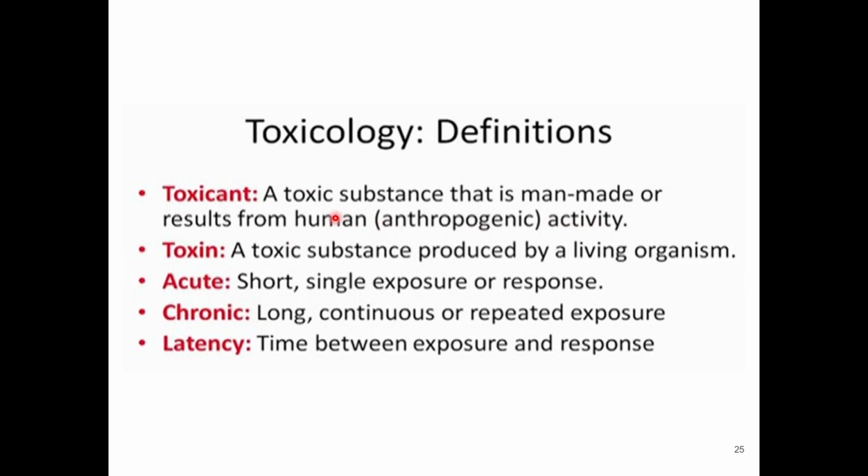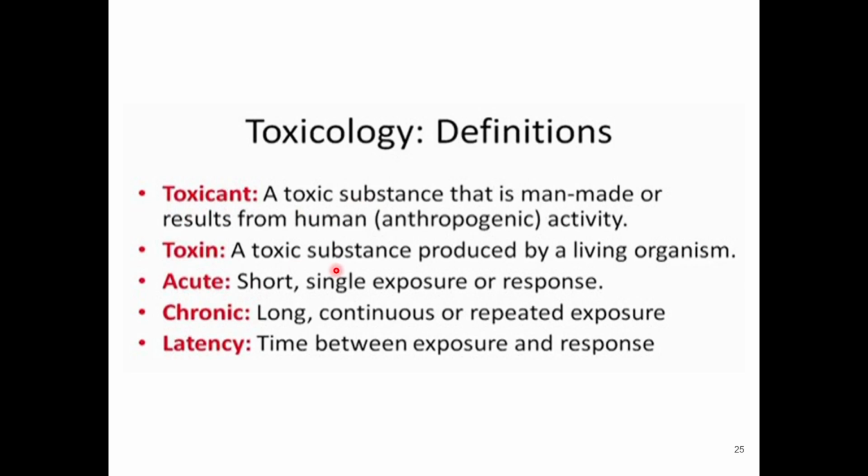So if a toxic substance is produced from human-related activities, that is a toxicant. For example, DDT, which is sprayed as an insecticide or pesticide in the field, or say, coronavirus. It is said that it was prepared in a lab, so that is basically a toxicant.